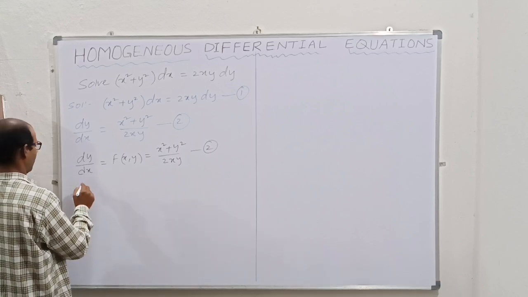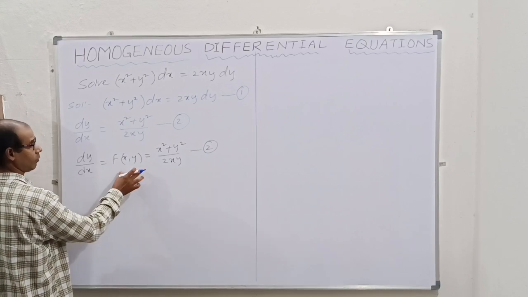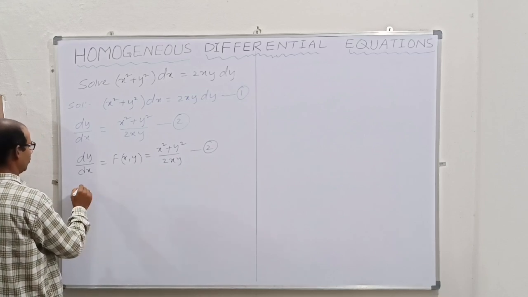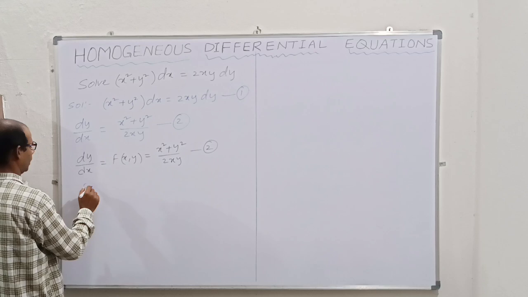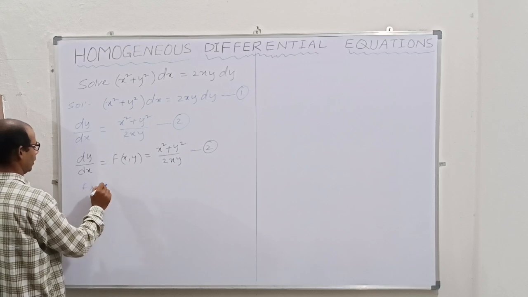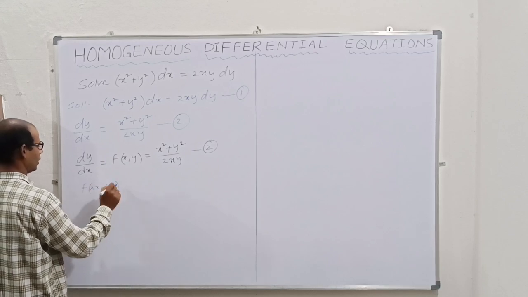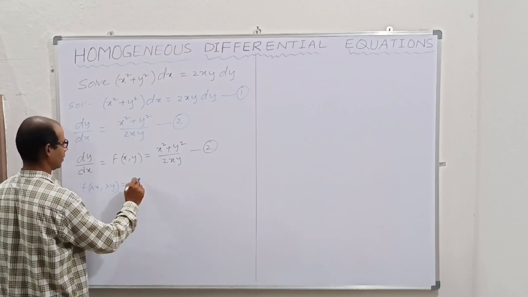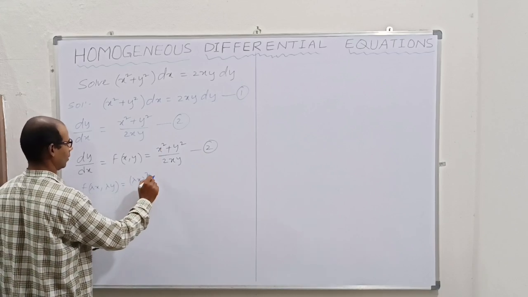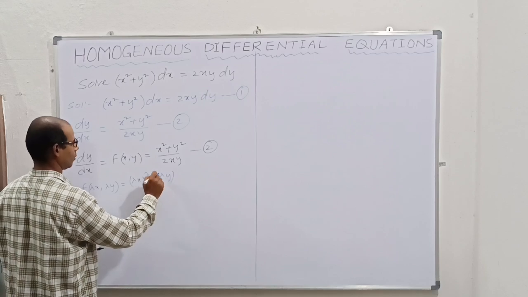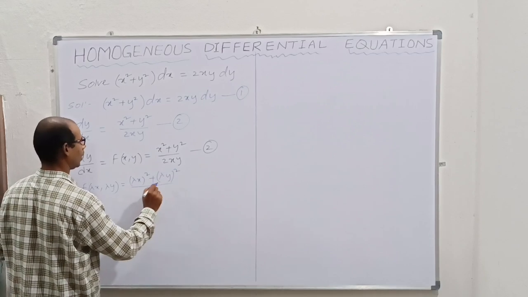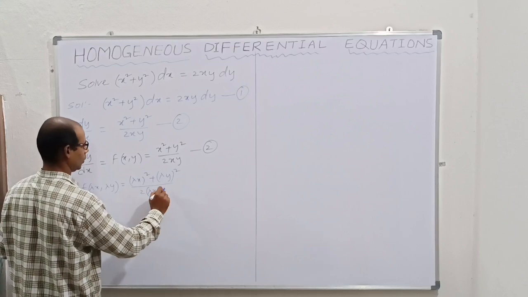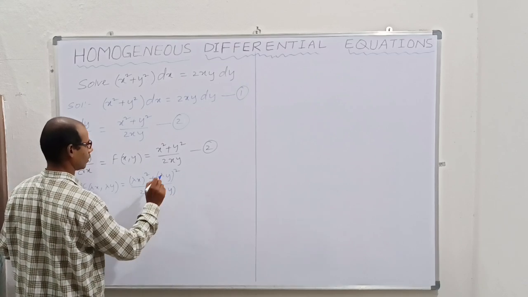So now let us verify whether this function is homogeneous or not. So f of lambda x comma lambda y is equal to, instead of x, lambda x, so therefore (lambda x) whole square plus (lambda y) whole square upon 2 into lambda x into lambda y.